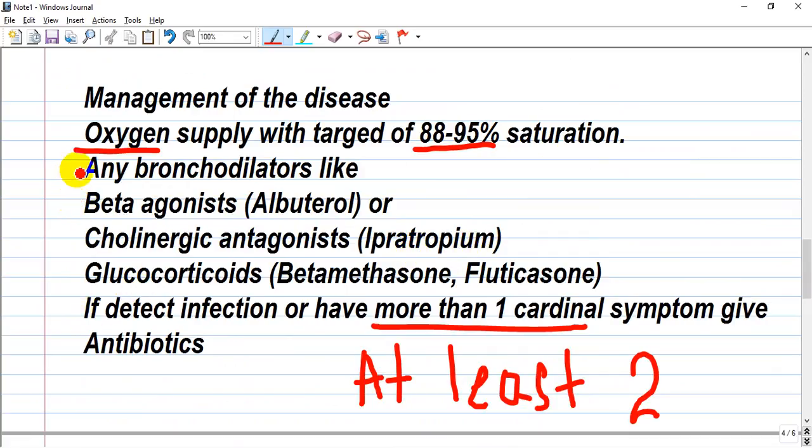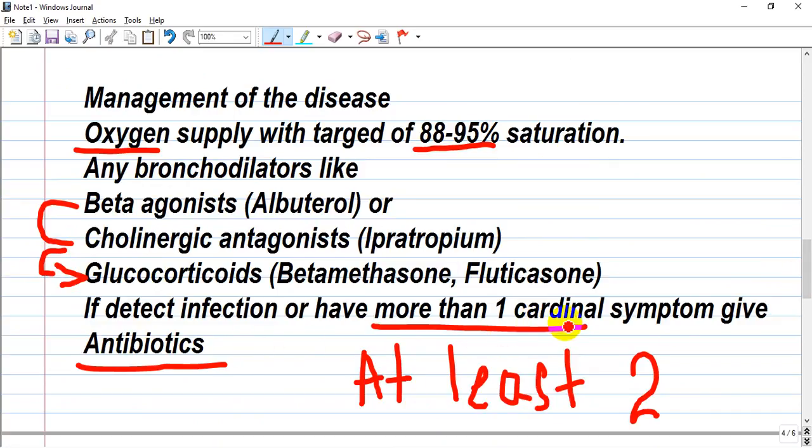If any of them do not help, we go to glucocorticoids like betamethasone, fluticasone, or any other inhaled corticosteroid. So, if you detect infection or have one or more cardinal symptoms, give antibiotics.